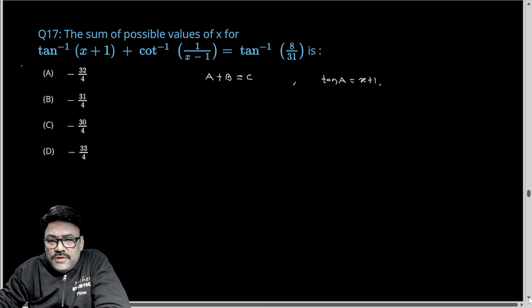I have taken cot inverse (1 over x minus 1) as B, means cot B is 1 over x minus 1. And tan inverse (8 over 31) is C, means tan C is 8 over 31.